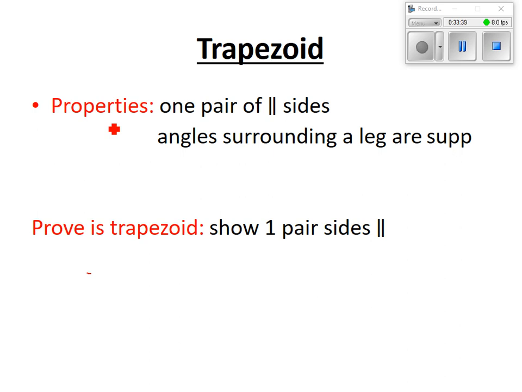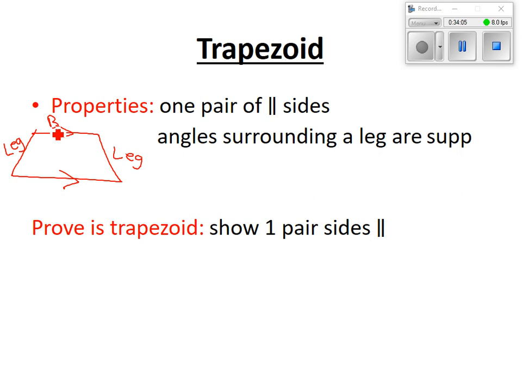A trapezoid, what you normally think of as a trapezoid, looks like this. These two sides are parallel, and the other two are not. And you might want to draw this picture. Sorry, I'm not sure why I'm doing that with the black pen instead of the red one. The other two sides that are not parallel are called the legs.